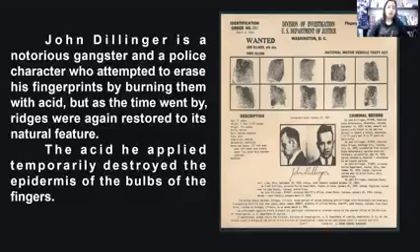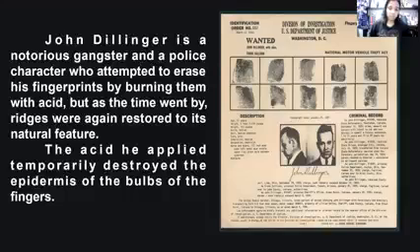Again, if only the epidermis or the outer layer is destroyed, that means the fingerprints can still redevelop, unless the dermis, which is the inner layer, was destroyed during the attempt of erasing your identity.